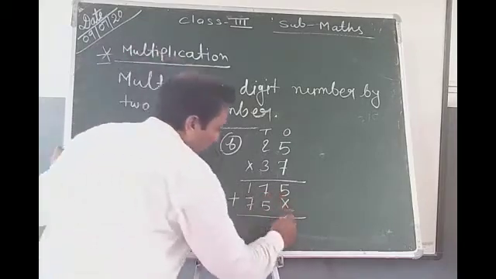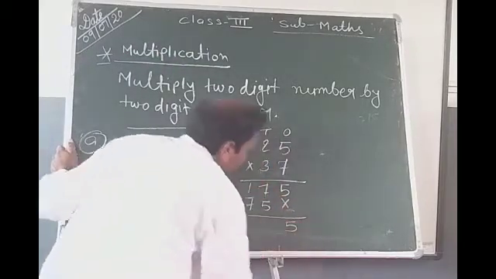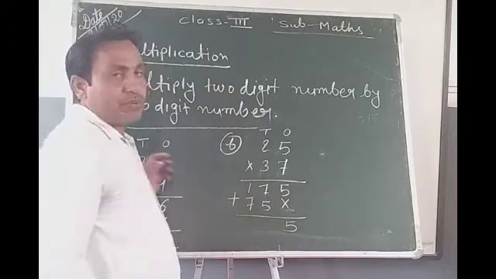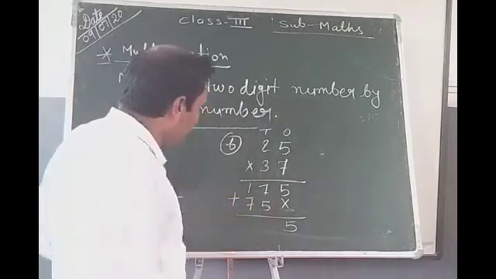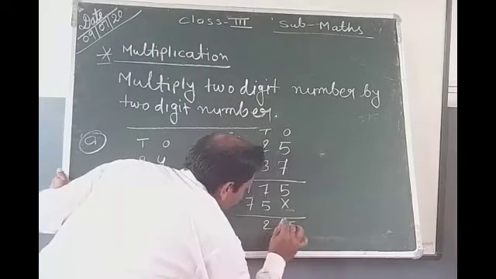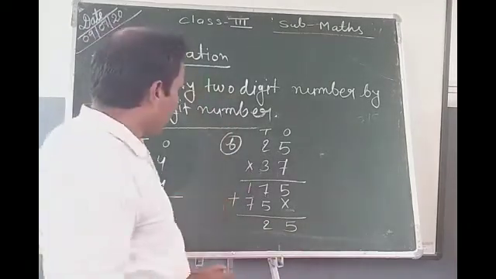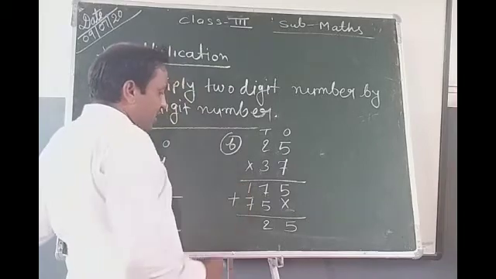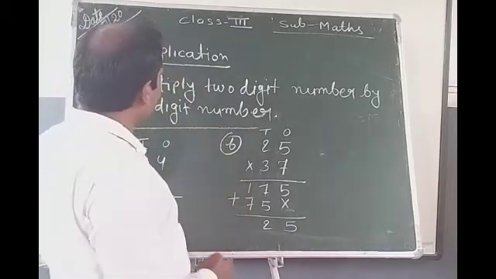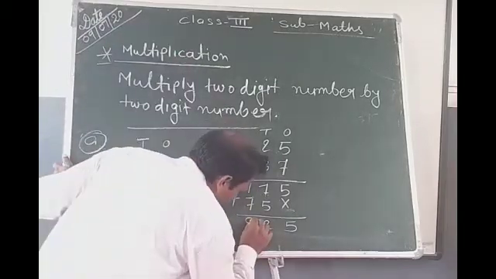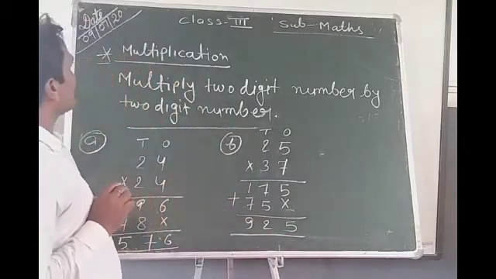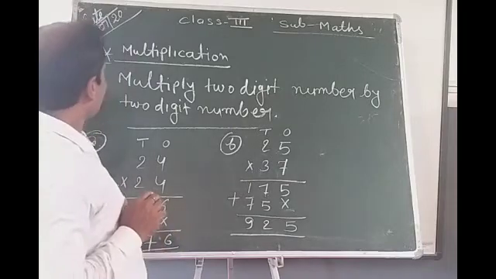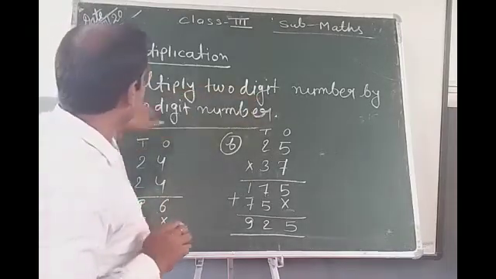So 5 comes down, and in the tens place 7 plus 5 equals 12. Write 2, carry 1. 7 plus 1 is 8, and carry 1, 8 and 1 is 9. So the answer is 925.